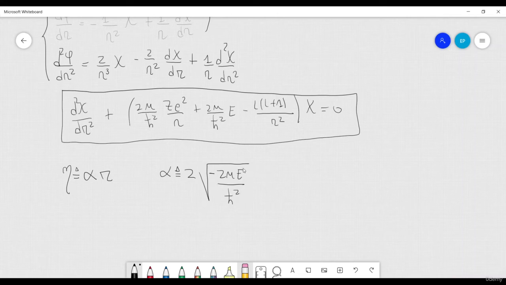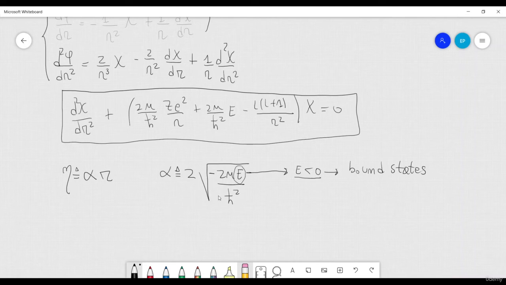Okay, so I am assuming now that the energy here is less than 0. This is important because this is what will lead us to bound states. So let's say bound states are due to the sign of the energy.